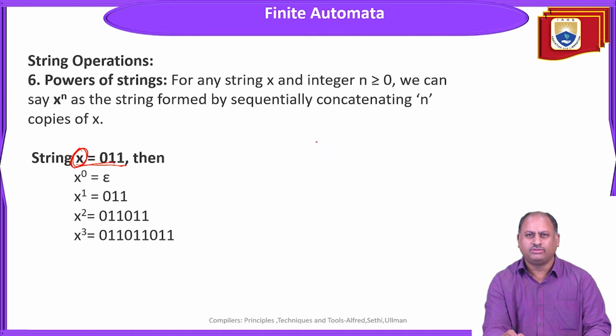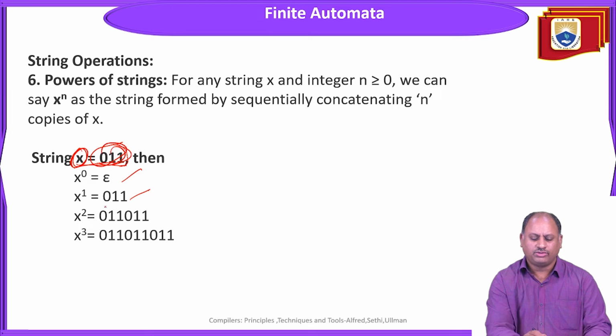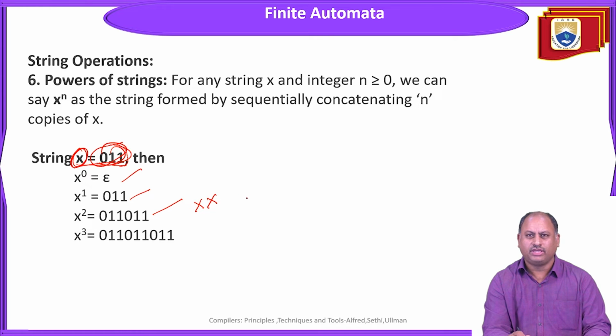X power 0 is considered as epsilon alone, with no other characters, whereas X power 1 denotes the symbols in the given string, that is 0, 1, 1. X power 2 is defined as the concatenation of X with X. What is the X value here? 0, 1, 1.